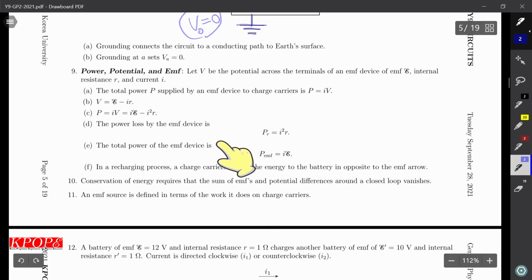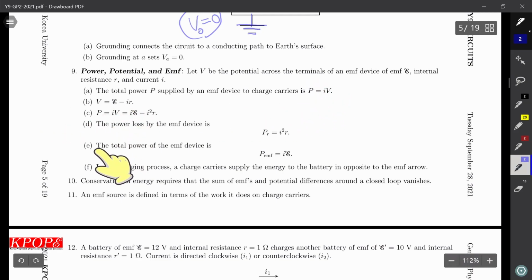Power, potential, and EMF. Let V be the potential across the terminals of an EMF device of EMF E, internal resistance small r, and current I. The total power P supplied by an EMF device to the charge carriers is power, IV.